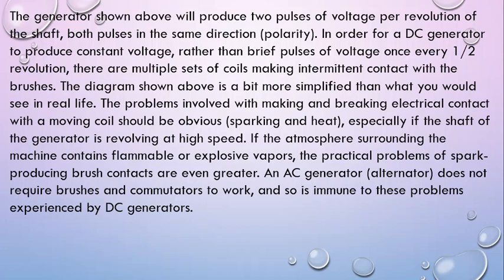If the atmosphere surrounding the machine contains flammable or explosive vapors, the practical problems of the spark-producing brush contacts are even greater. An AC generator, or alternator, does not require brushes and commutators to work, and so is immune to these problems experienced by DC generators.